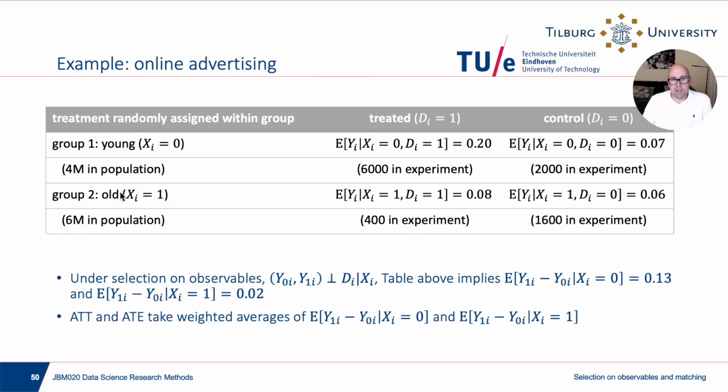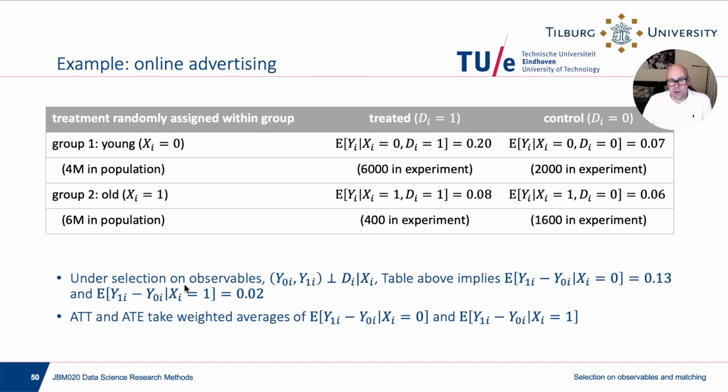It would be a dummy for old, basically. And then I have these four averages or four expectations that I'm working with, and these would always be expected Y's for different combinations of X and D. So for instance here, this would be the expected Yi, the expected observed outcome, conditional on young and conditional on treated.